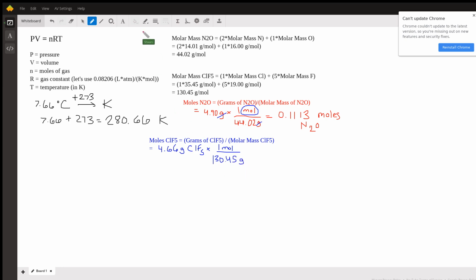Again, notice how the units of grams and grams cancel out, so your final answer has the unit of moles.